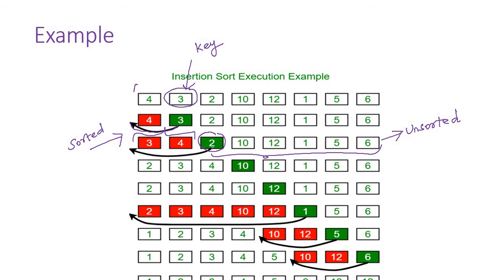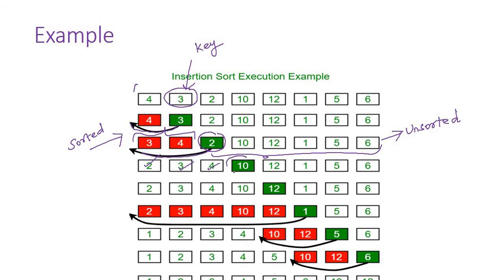So this 2, I'm going to compare with the others. This 2 should be placed before this 3. I'm just picking one element from the unsorted array and placing it in the appropriate position in the sorted array. So 2, 3, 4, then the remaining is the new unsorted array.